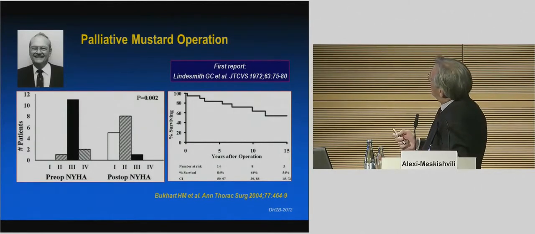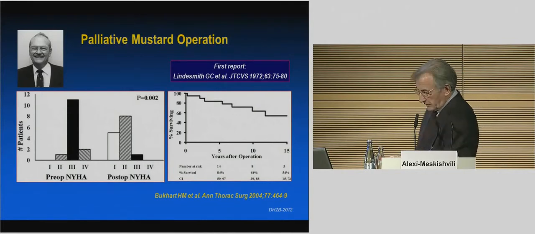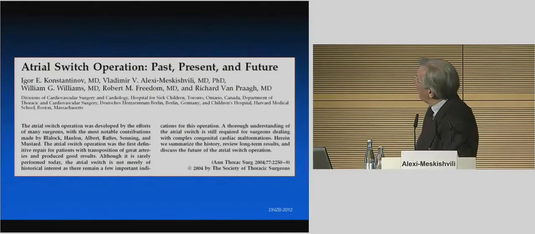This was published in 1972, and these are the results of his experience. You see that 15-year survival after this so-called palliative Mustard operation was about 54%. I think it's a very good result for this very complicated and difficult group of patients.